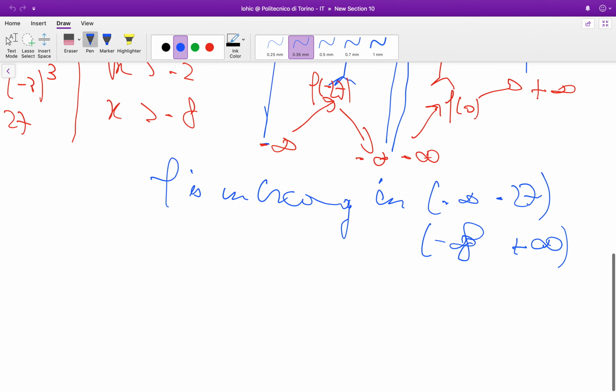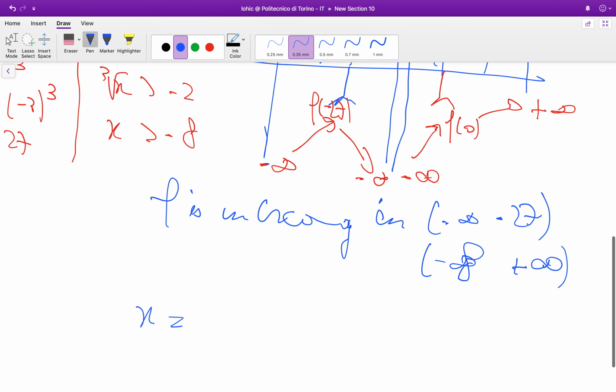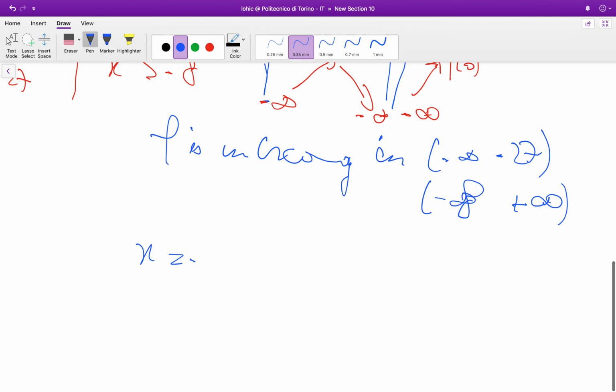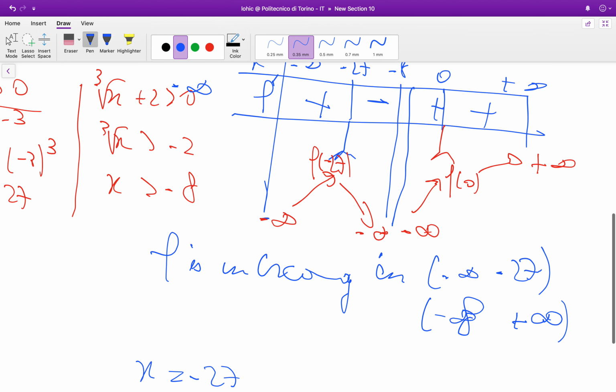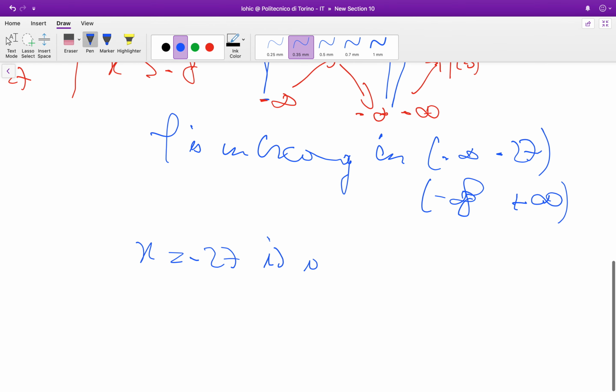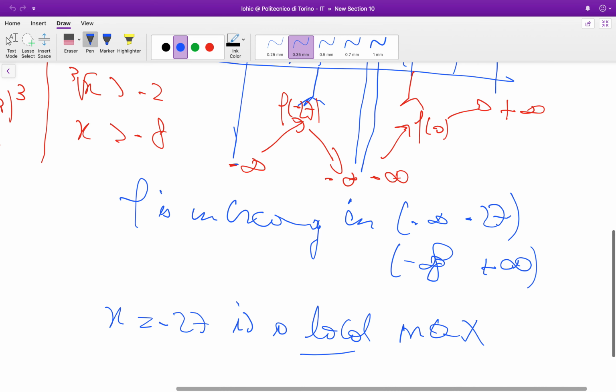Okay, now we can directly see from this table that x equal to minus 27 is a local, or relative if you want, maximum point.